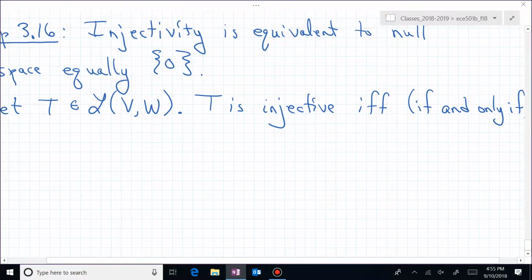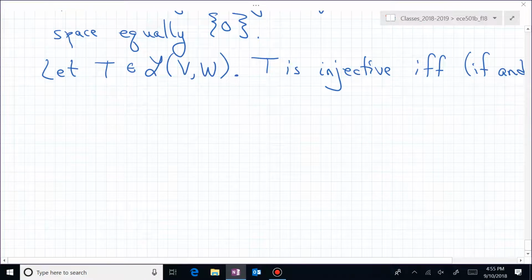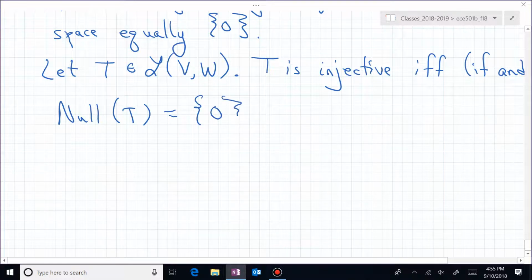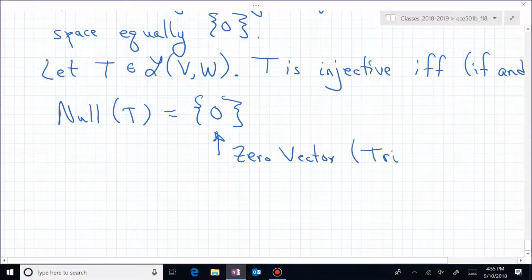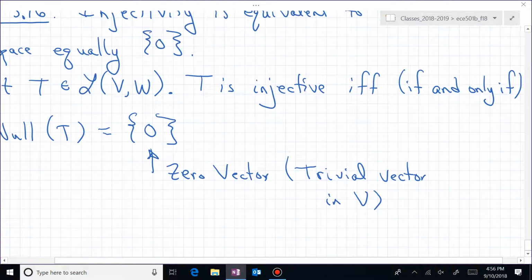So T is injective if and only if the null space of T is the trivial vector or the zero vector. So now, how do we show an if and only if? Or this is a statement. We have a linear map T from V to W. We're saying T is injective if and only if the null space of T is trivial. How do we prove that?